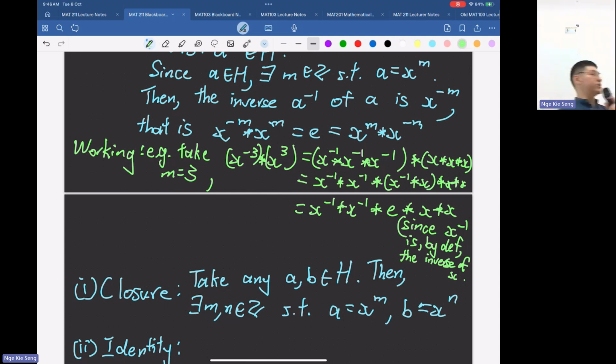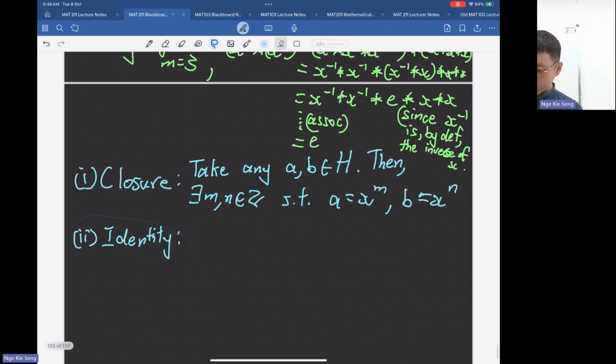You can imagine that we keep cancelling, keep associating, until you cancel all the x's. Can you follow? You need to fill out the space. Don't write these in your assignment like this, I'm just trying to explain what happened. You need to write them out fully.